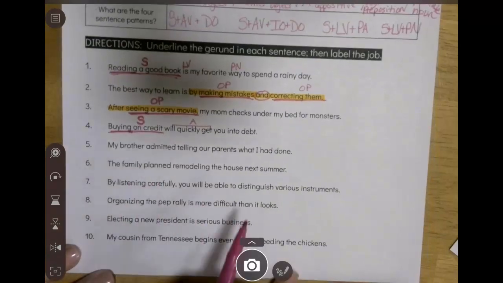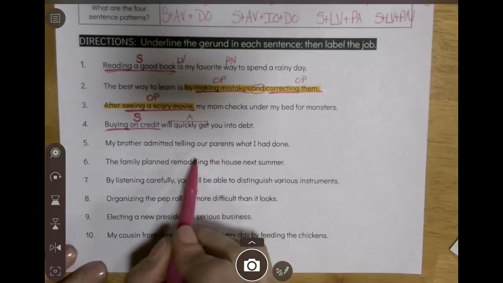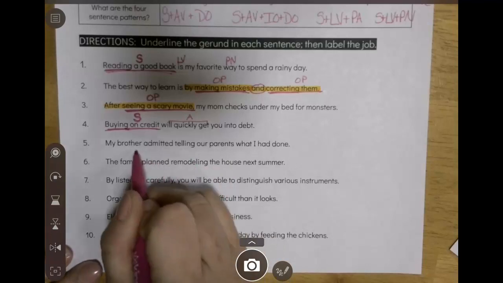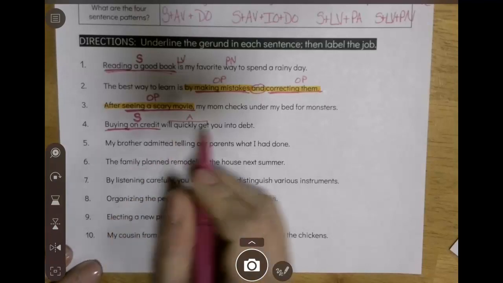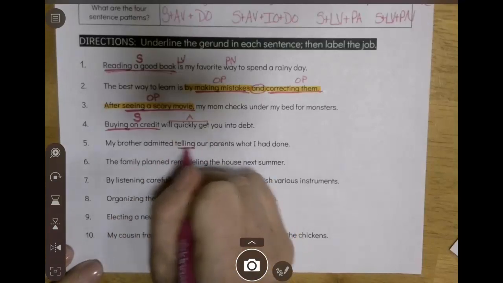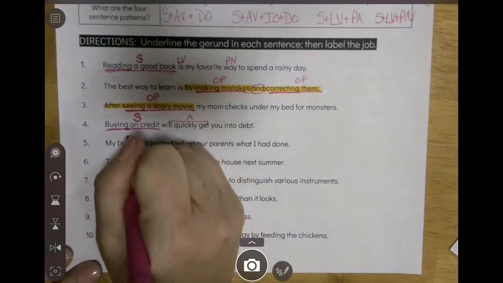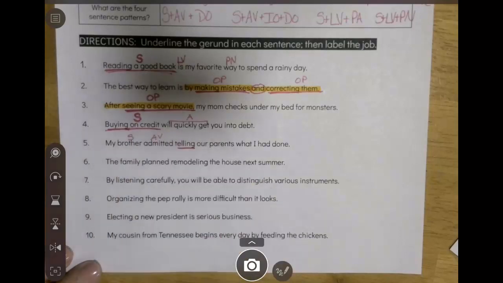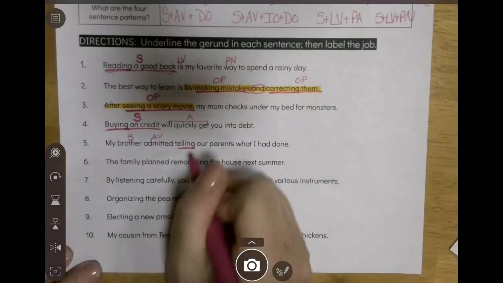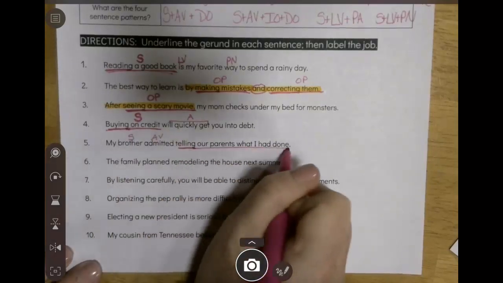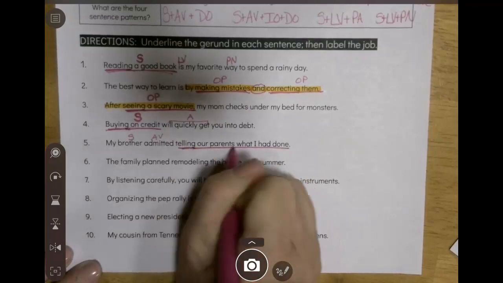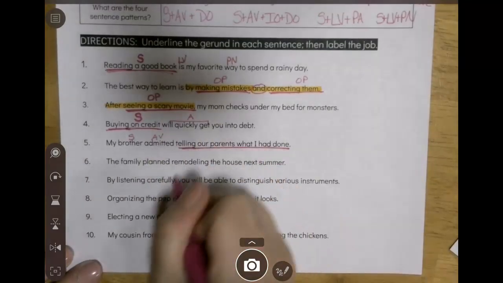Number 5, my brother admitted telling our parents what I had done. All right, so my brother admitted, telling is my gerund. My brother is the subject. Admitted what? Admitted telling our parents what I had done. This whole thing acts like my gerund phrase.